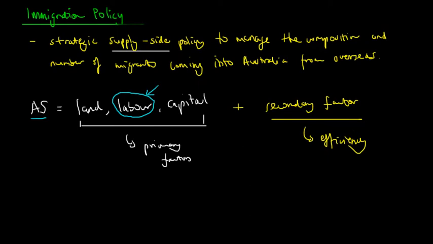Okay, so with that in mind, we're going to break immigration policy down into three different aspects. So firstly, we have what is known as skilled immigration. And now this is the one that we're very familiar with. This is where businesses advertise, say they have jobs, they need professionals, they need managers, they need workers in certain areas, and they advertise it overseas.